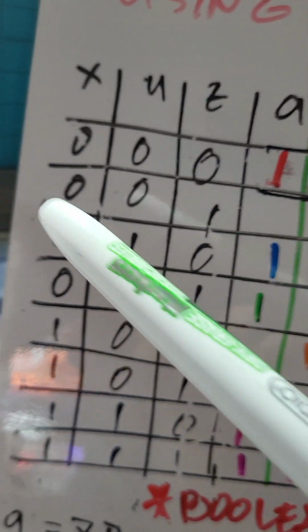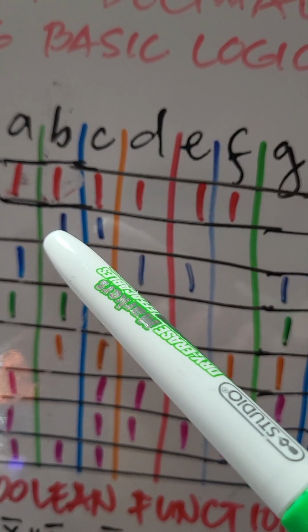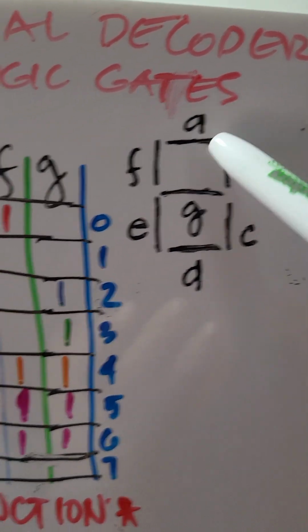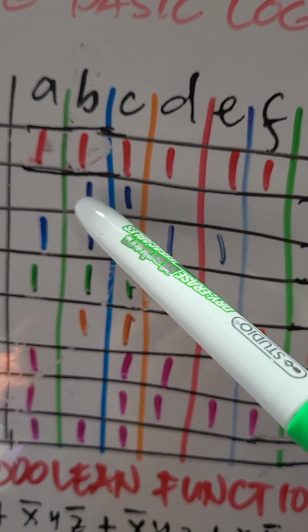So at the count of 0, 0, 1, the decimal equivalent is 1. So BC. So that's why I put here BC as 1, 1.